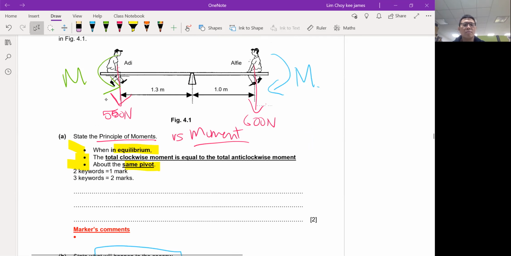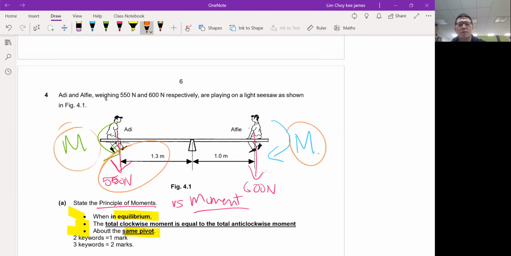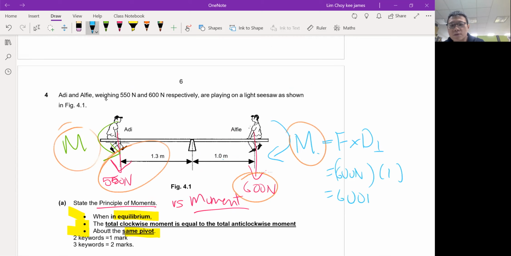So students, you will need to calculate on your own the moment by Adi and the moment by Alfie. Moment is force times perpendicular distance. For Alfie, it is 600 Newton, perpendicular distance is 1 meter, so it will be 600 Newton meter.